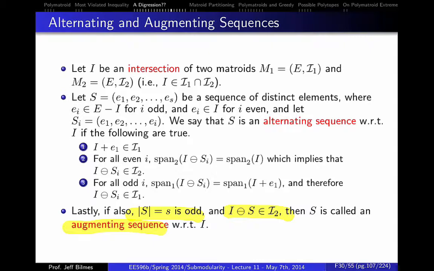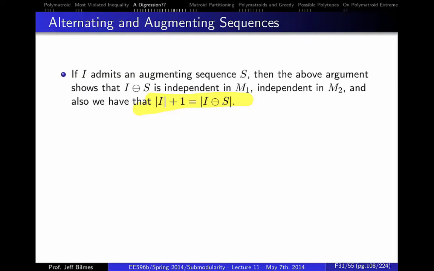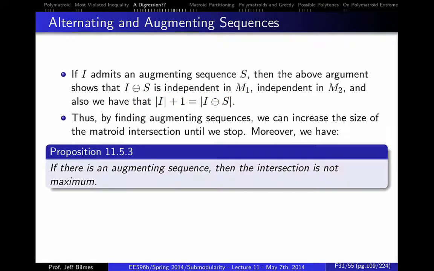So it is sort of semi-greedy. What I'm saying isn't necessarily going to make sense yet until we mention these theorems which we're about to say. So by finding the augmenting sequences, we can increase the size of the Matroid intersection until we stop.